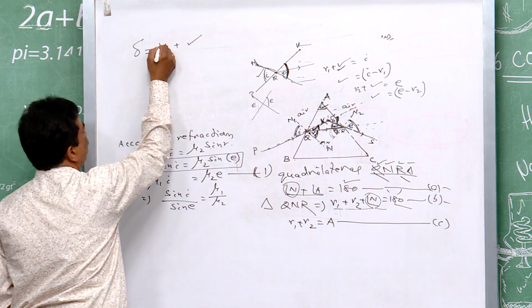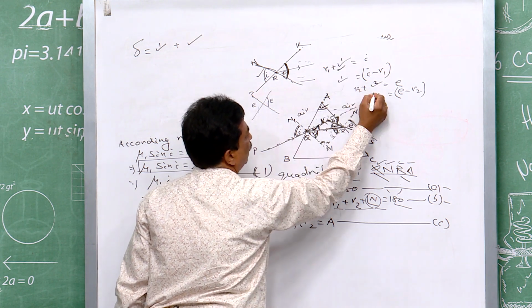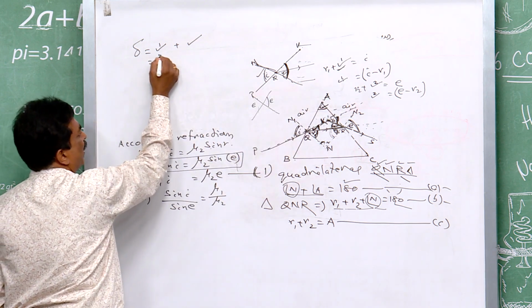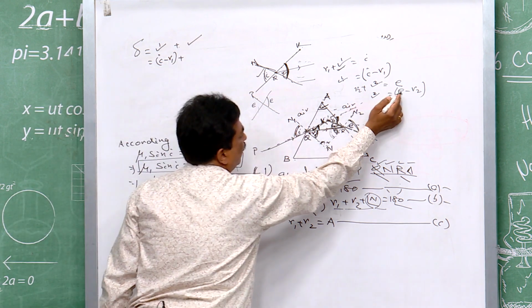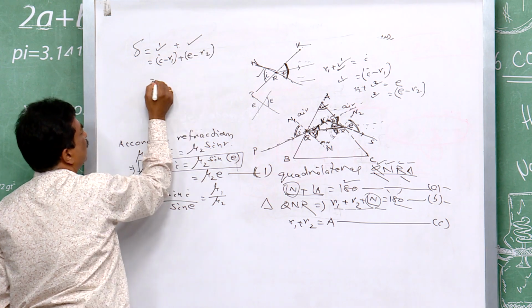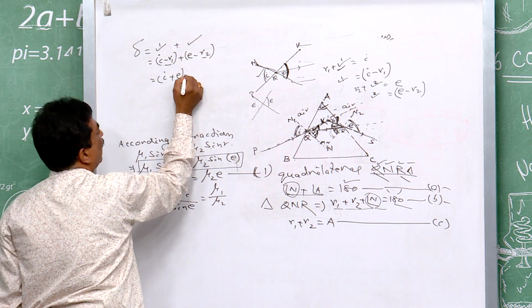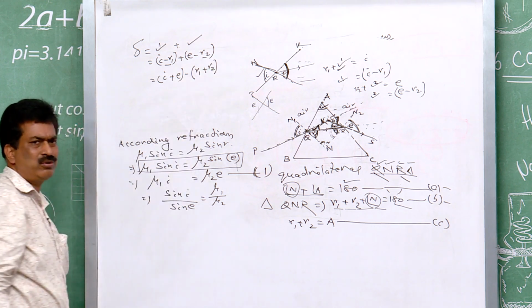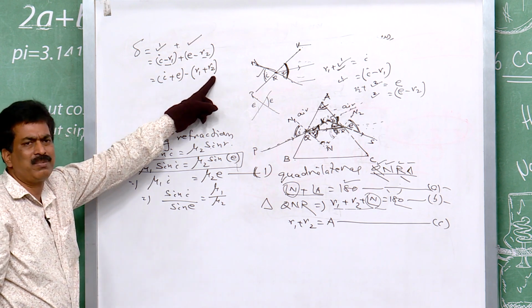The first tick mark is equal to I minus R1, the second tick mark is equal to E minus R2. So this is equal to I plus E minus, taking common, R1 plus R2. So delta is equal to I plus E minus (R1 plus R2).